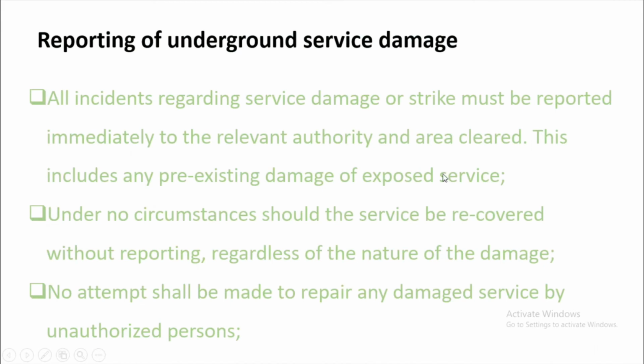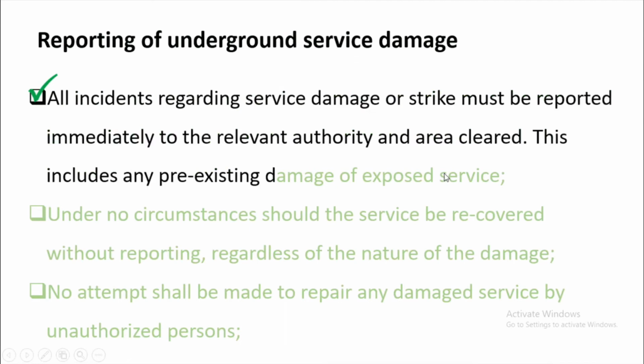Reporting of underground service damage. All incidents regarding service damage or strike must be reported immediately to the relevant authority and the area cleared. These include any pre-existing damage of exposed services.